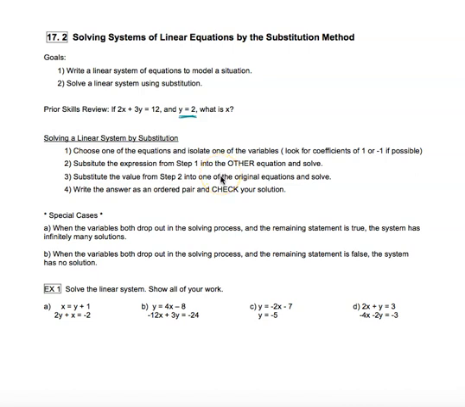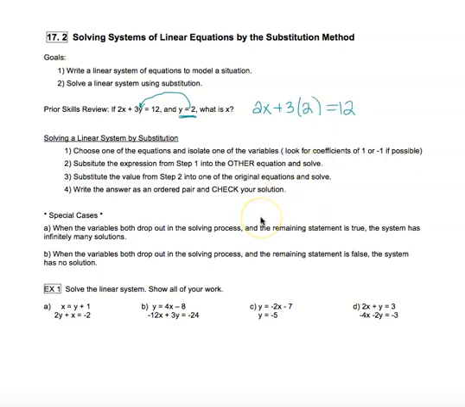And so, because y and 2 are the same thing, this means that we are going to substitute 2 in place of y, or in other words, plug it in. So we are going to plug in 2 in place of the y. So that means that my first step should be 2x plus 3 times 2 equals 12.